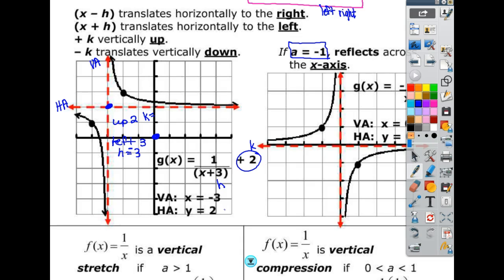Last period, kids were kind of confused about which letter to use. Well, there's a couple of ways to know that. Look at your vertical asymptote.